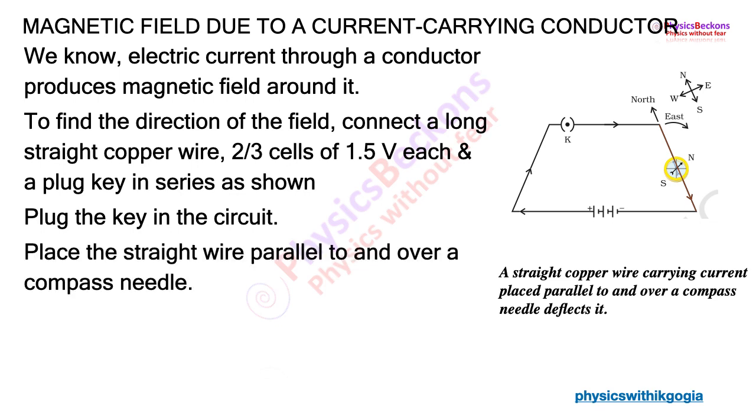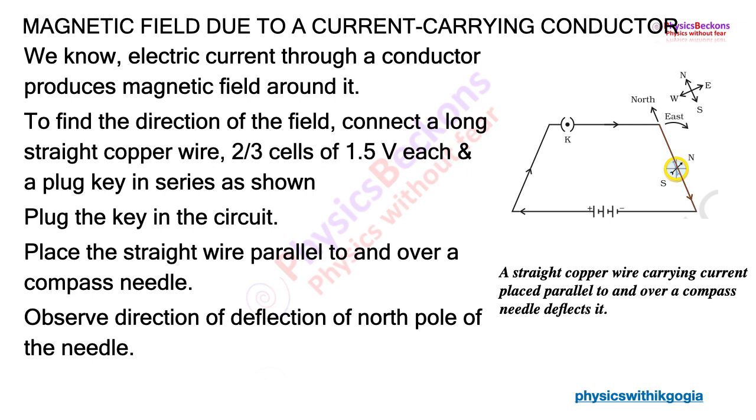Place the straight wire parallel to and over a compass needle. Please note, the compass is under the conductor and the conductor is carrying current from north to south. Observe the direction of deflection of the north pole.